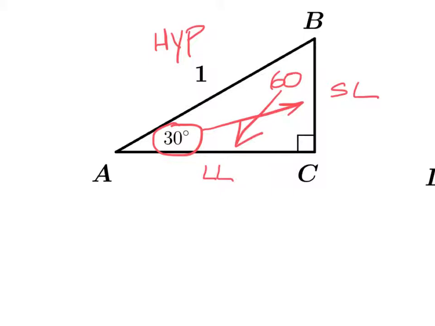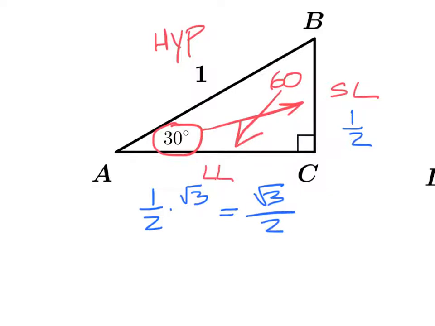So if the hypotenuse is 1, the short leg is going to be 1/2. And to go from the short leg over to the long leg, you have to multiply by the square root of 3. So 1/2 times square root of 3 comes out to just be square root of 3 over 2.